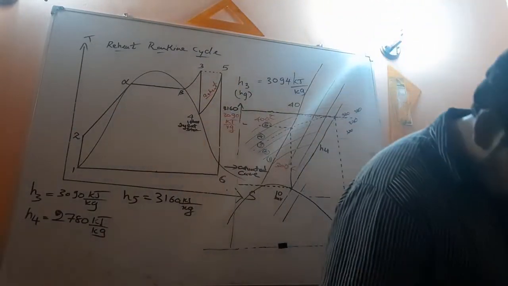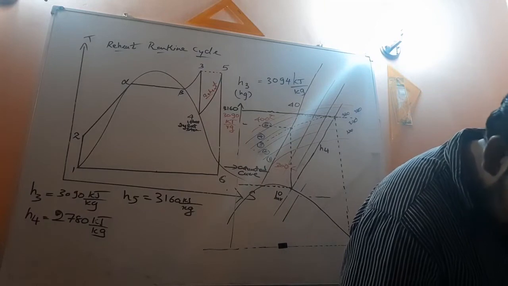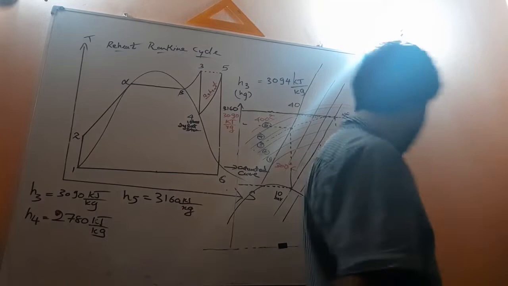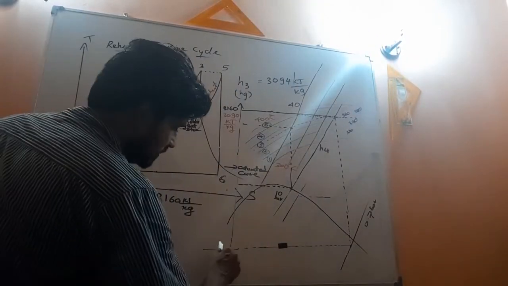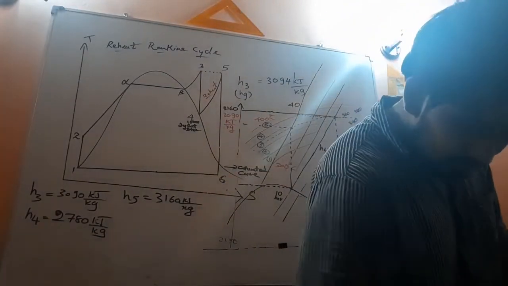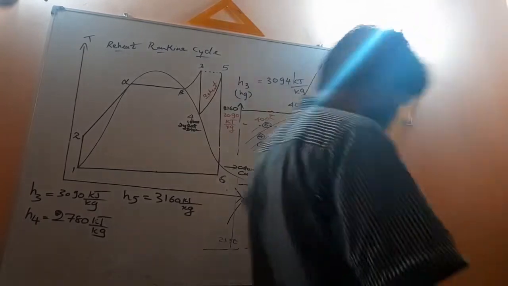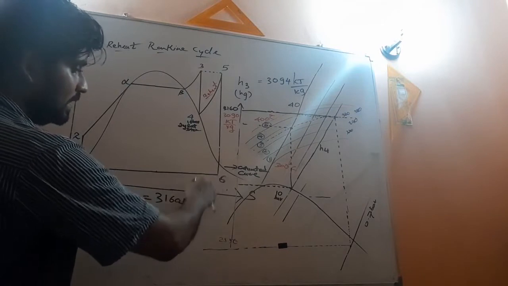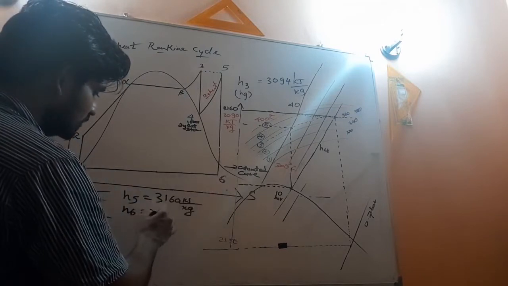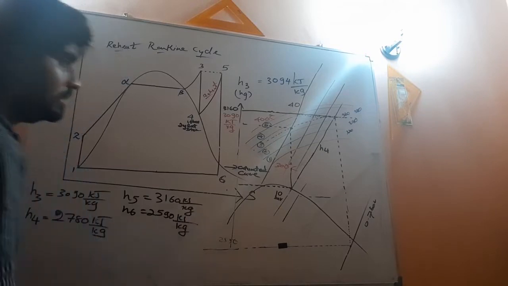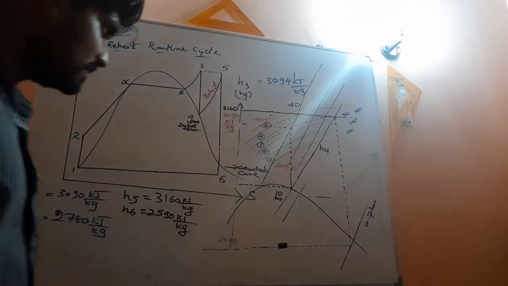I have already found that it is 2590. So H6, the enthalpy at point 6, is 2590 kilojoules per kilogram, right? So now I hope you got the idea.